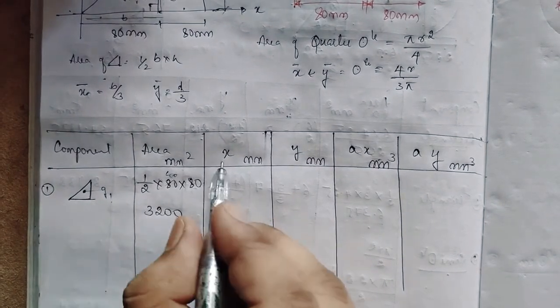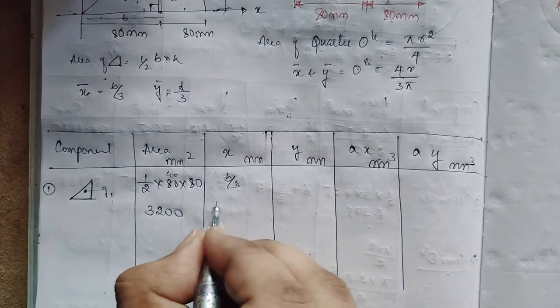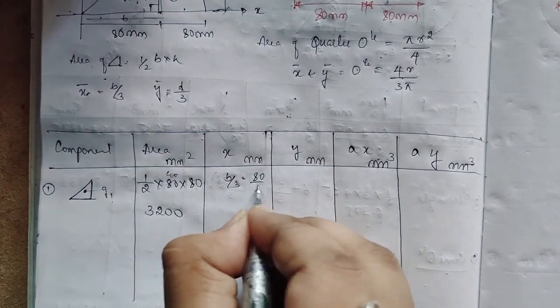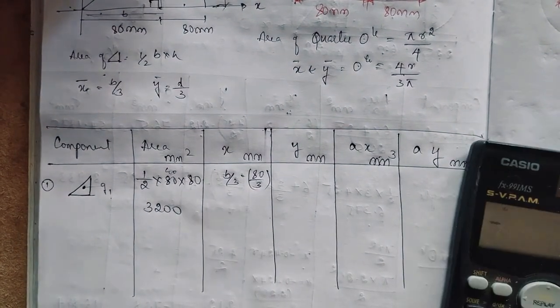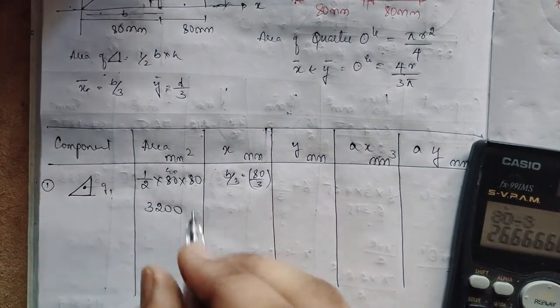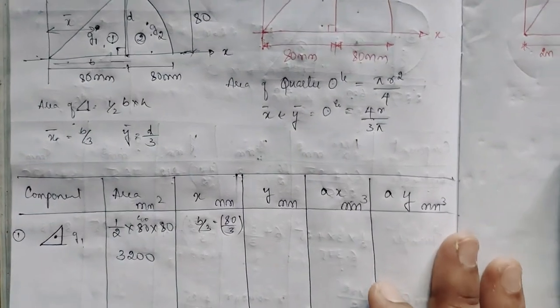What is the distance of x? This is nothing but b by 3, so 80 divided by 3, that is 26.66. So x bar is b by 3.